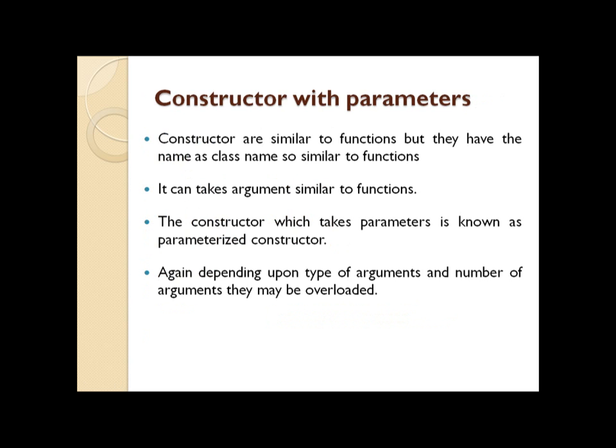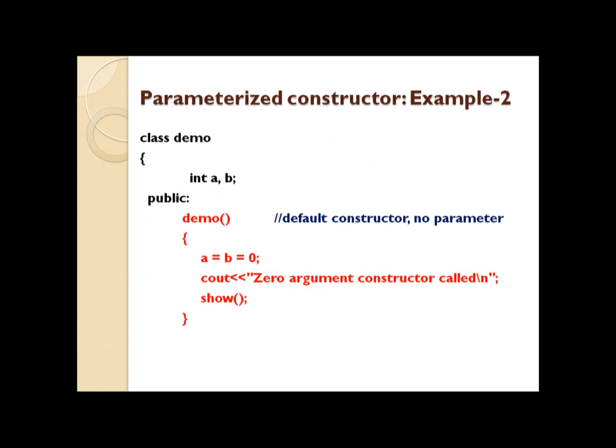In order to make you understand constructors where we are declaring arguments, we can write as many parameters as we want, very similar to a function. And here I have given an example, so we will discuss the example.